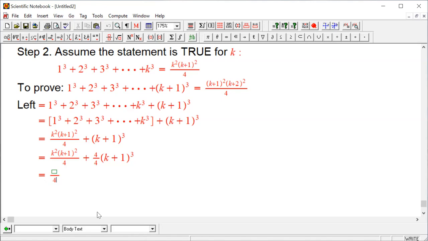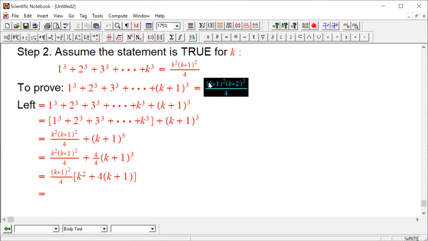So 4 in the denominator is factored out, and we have a (k plus 1) squared, and here we have (k plus 1) to the power 3, so we factor out the (k plus 1) squared. So inside the bracket, (k plus 1) squared over 4 is factored out, so we have k squared. In the other parentheses, we're going to have 4 times (k plus 1), and there we go.